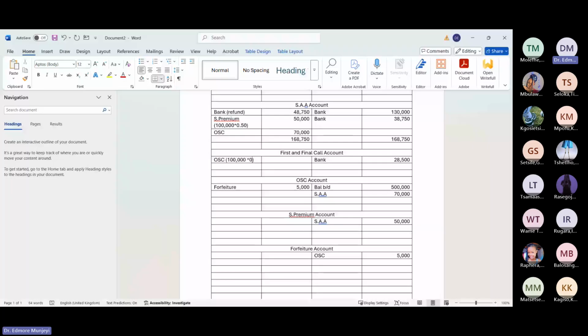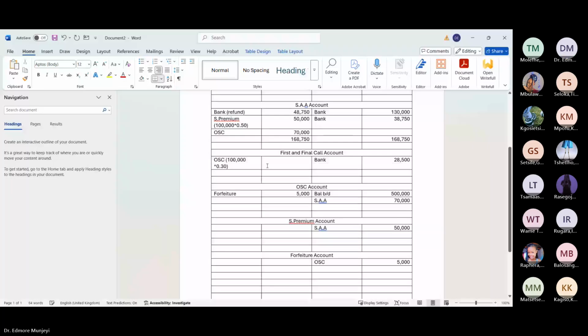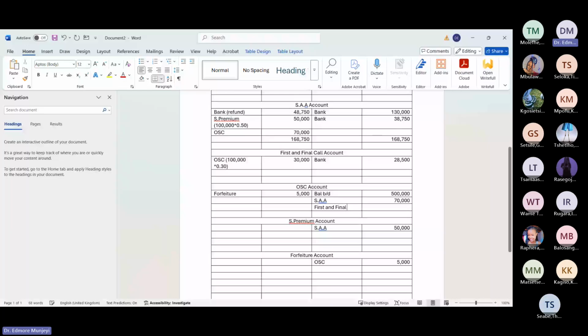So OSC 30,000, we debit it with 30,000, and then we credit the OSC account from first and final call, 30,000. Okay, we have entered our 30,000. Now we can go back to the first and final call account to close it.